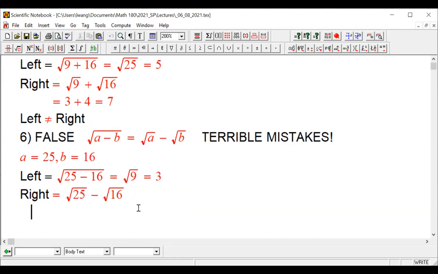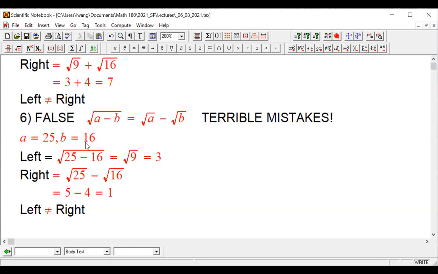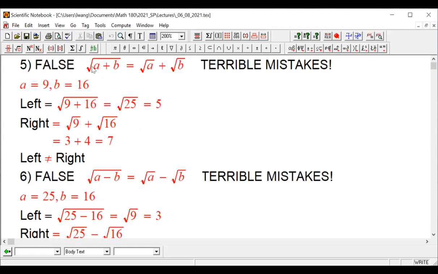And this one is going to be 5 minus 4, which equals 1, right? So once again, left is not the same as right. Okay, so you can see this is false. And of course the other one is false.